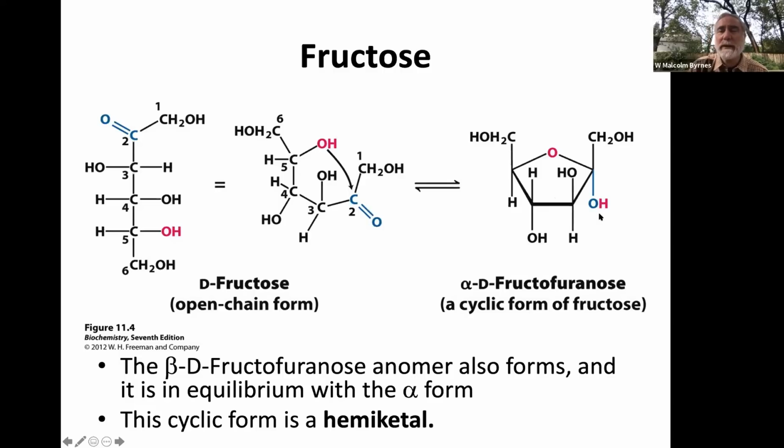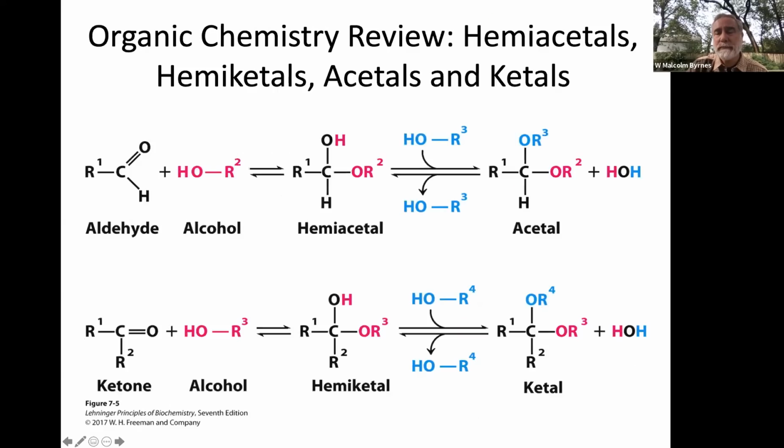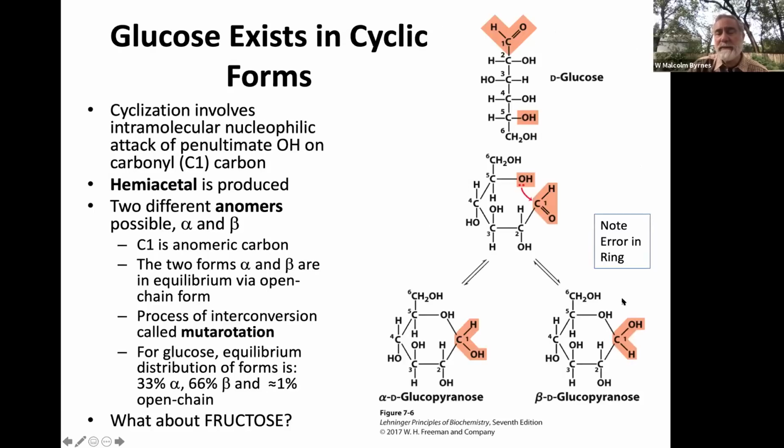Let's go back real quick. Carbon with an OR, an R, an R, and an OH. Hemiketal. The hemiacetal right here for glucose is carbon, OR, R, H, and OH.